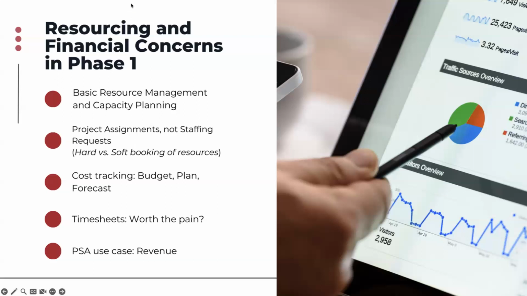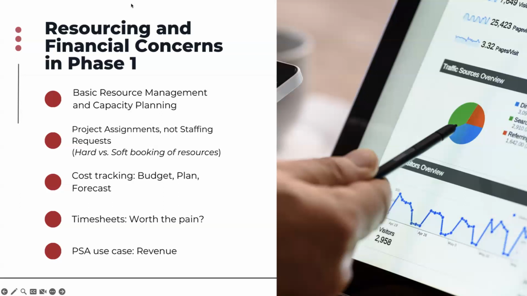Now, of course, you can combine both approaches in the same project or in the same investment that you're running. Now, when it comes to cost tracking, budget planning, and forecasting, you'll be able to set a realistic budget for your projects, highlighting the factors that must be considered to ensure a solid financial foundation. You will also have a process for creating a comprehensive financial plan that effectively manages project costs and keeps expenditures in check, and that's very important.